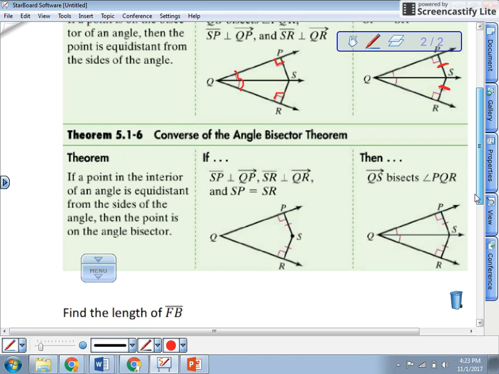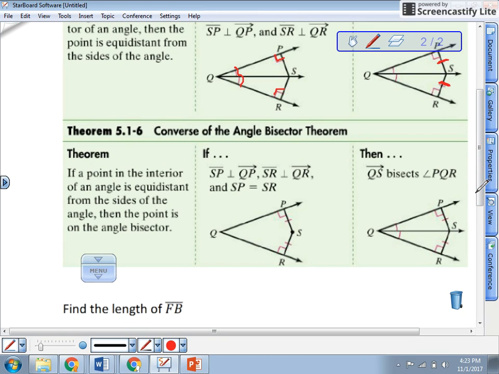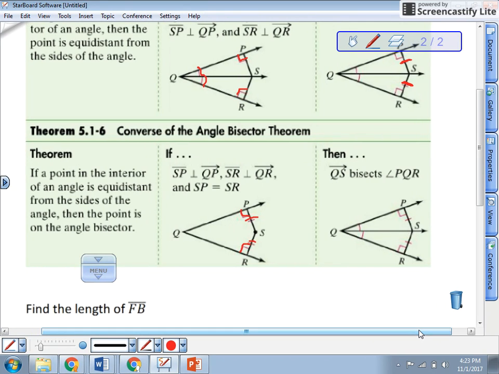Pretty simple. And then again, here's the switching. If you have these perpendicular segments that are equidistant, then if you draw a segment QS, it'll bisect those angles.